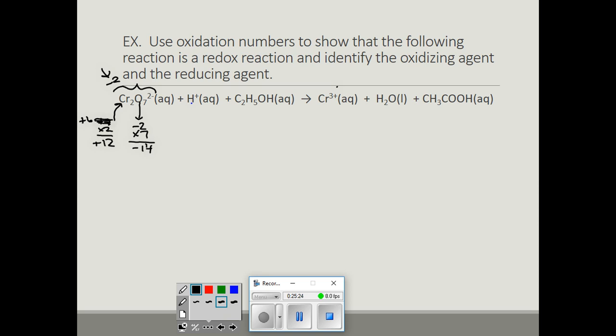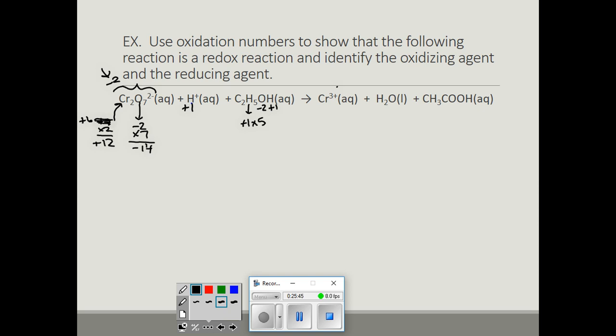Polyatomic ions are the worst for this because most of the time you want the positives and the negatives to be equal, but not in this case. Hydrogen's oxidation number as an ion is +1. Over here, I have -2, +1, then I have +1 times 5.